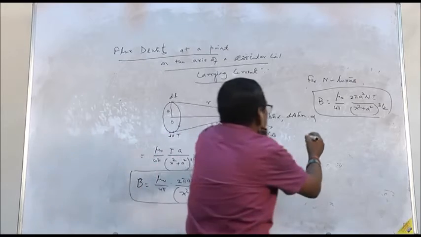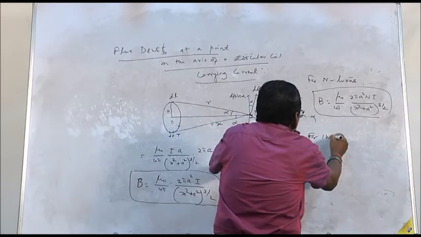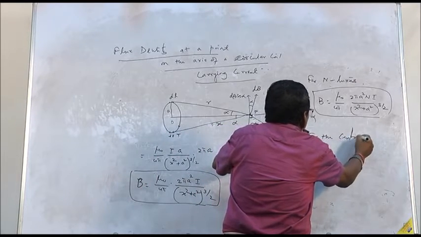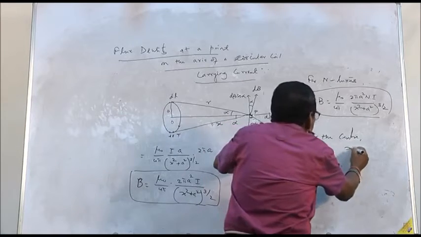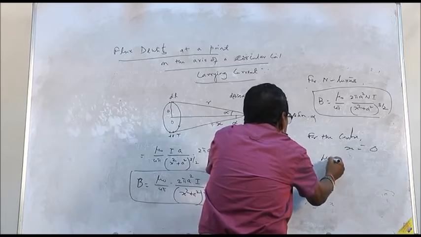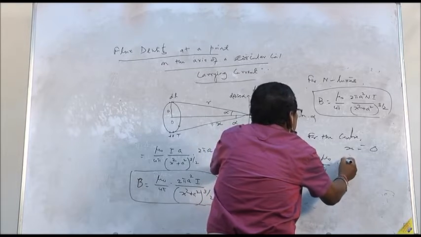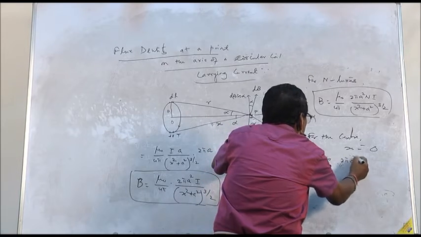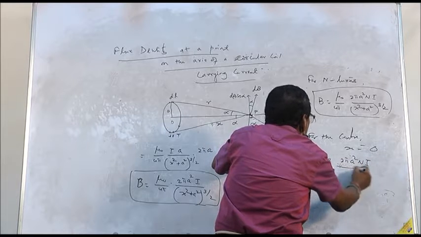For the center, which distance is 0? X is equal to 0. Put it here, x is equal to 0. So, this becomes mu 0 by 4 pi 2 pi a square n I by what?